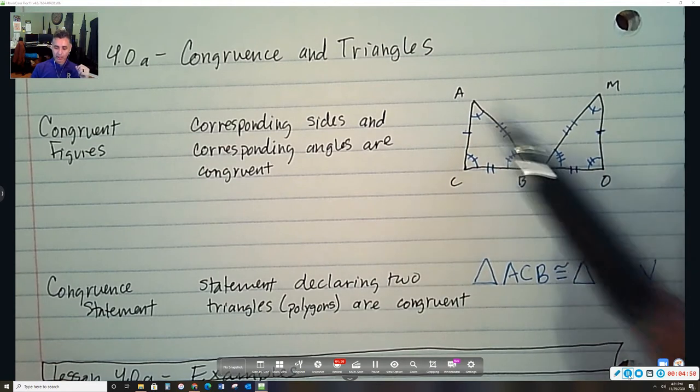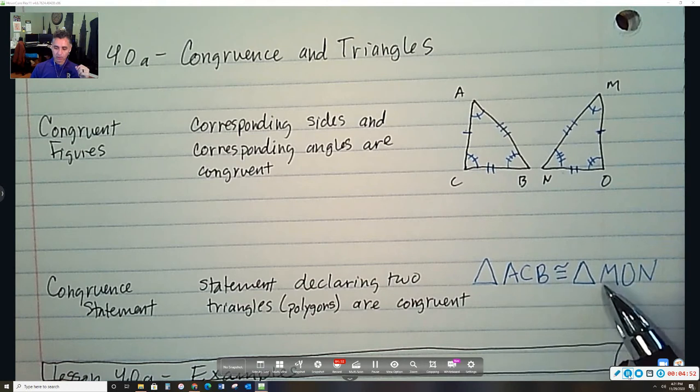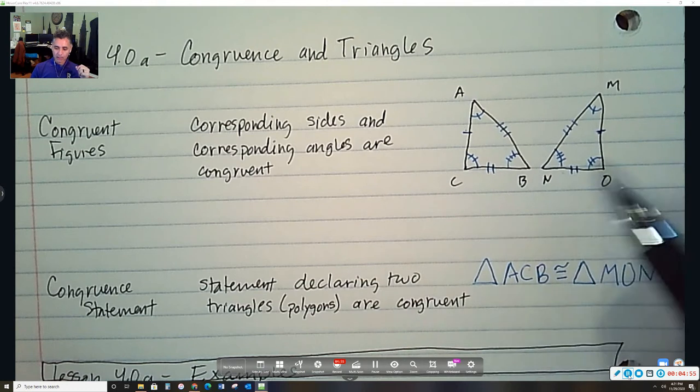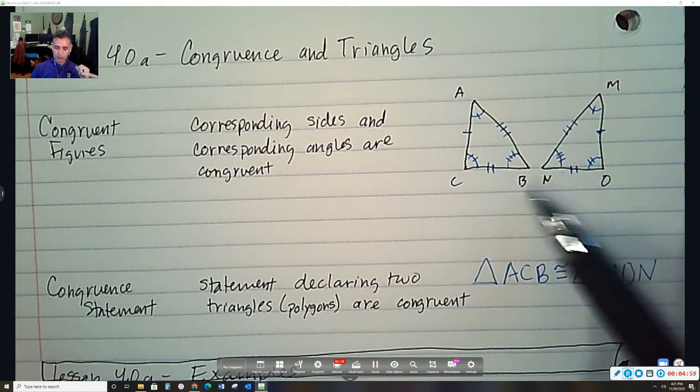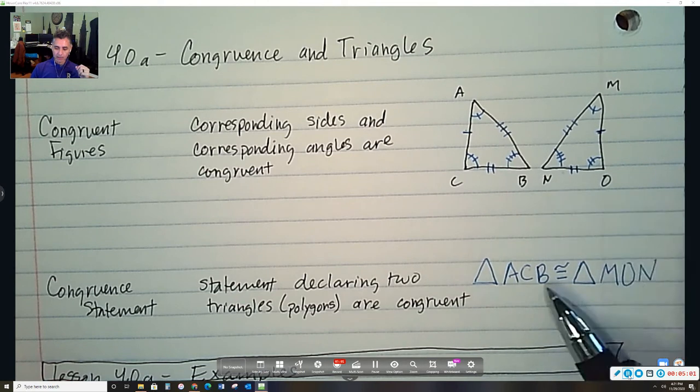Okay, angle A and M match up, so those should be in the first position. Angle C and O match up, so I put those in the second position, and then angle B and N match up, so that's in the third position. Okay, you have to put them in the same position in the triangle name because they're corresponding, right?